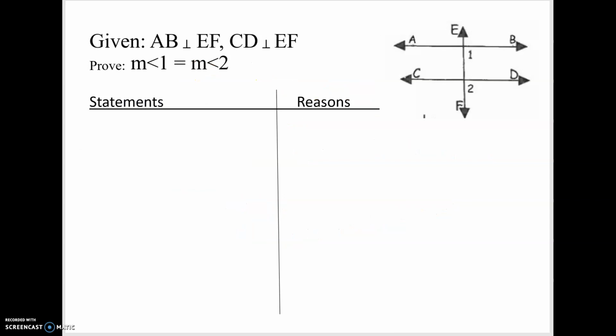Okay, my next proof says given AB is perpendicular to EF and CD is perpendicular to EF, I want to prove that the measure of angle 1 is equal to the measure of angle 2. So every proof starts with what? My given.